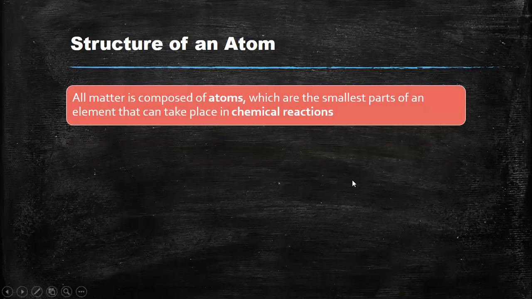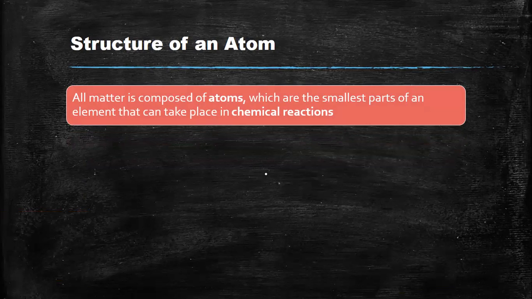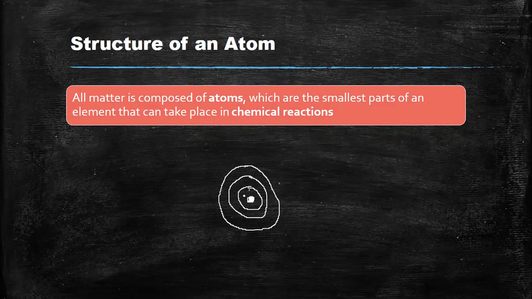How will you understand what is the structure of atom? You already know most of the things about the structure of atoms. Many of us have studied that it is a circular dense ball present in the center, and around that there are shells in which electrons revolve.